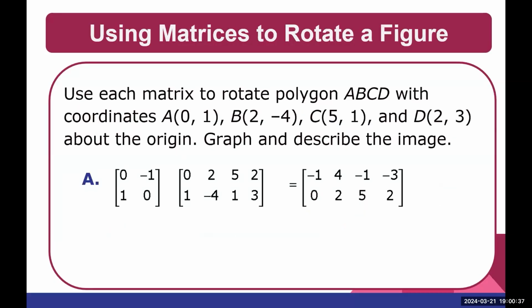All right. So we're given a question here, and we're going to use the rotation matrix to rotate the figure. Use each matrix to rotate the polygon ABCD with the coordinates A (0, 1), B (2, -4), C (5, 1), and D (2, 3) about the origin.